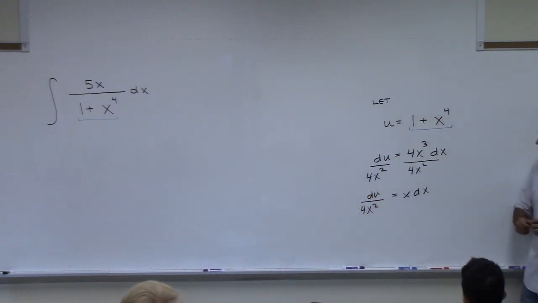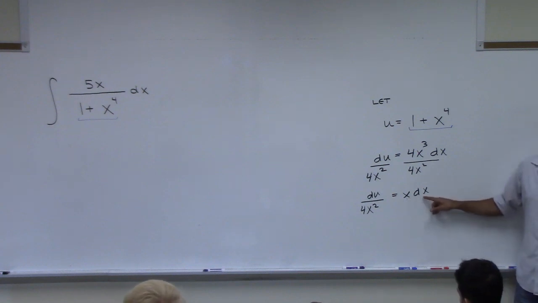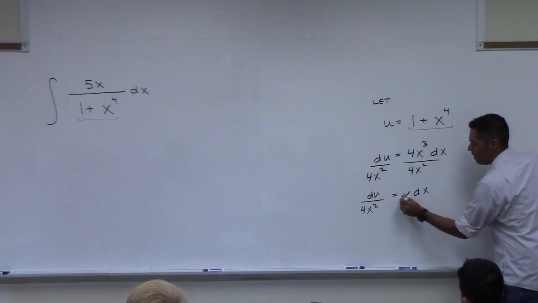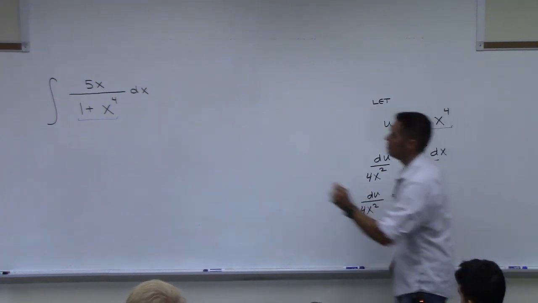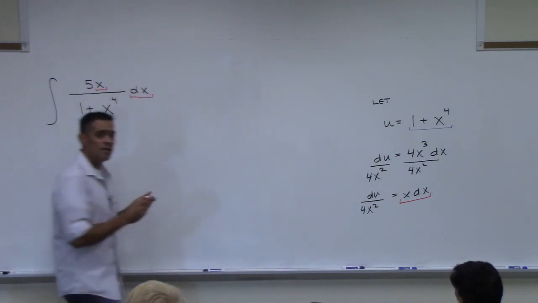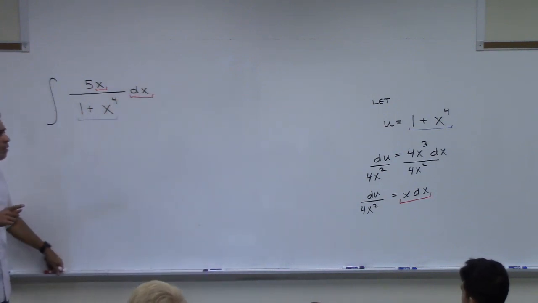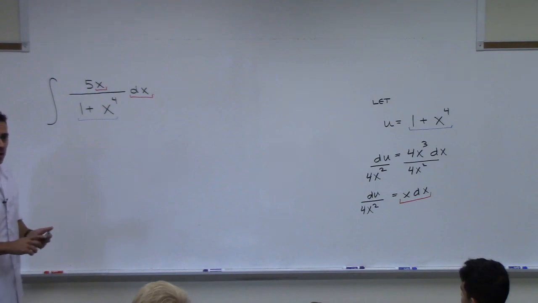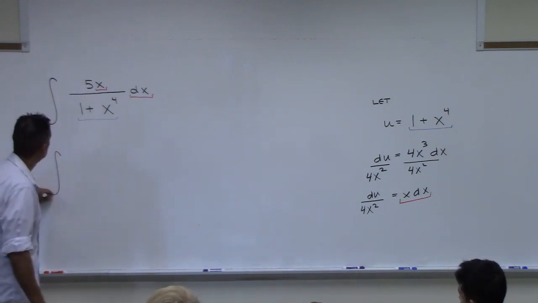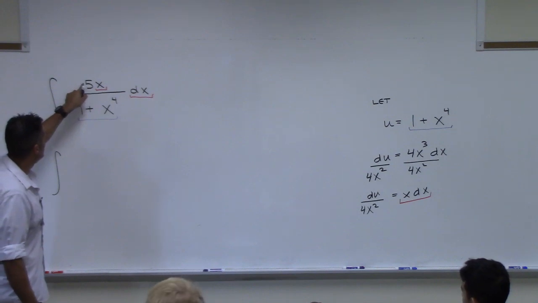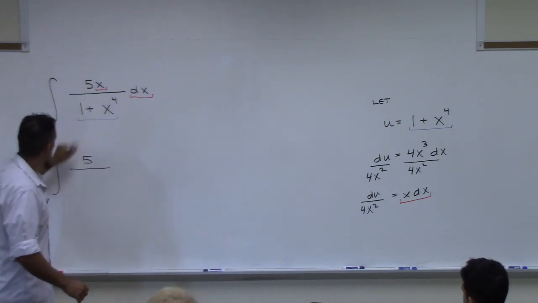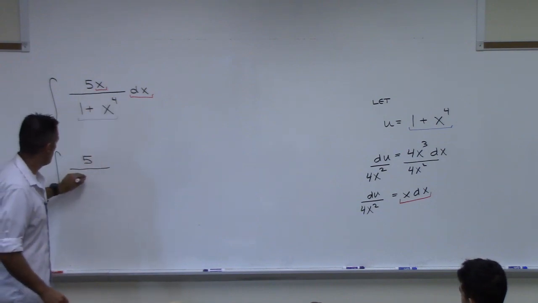Okay, so Al, what you've done is you've created the x dx. So I will be able to replace x dx with du over 4x squared, right? So let me try and rewrite this now. Integral. This 5 is still there, right? Over, this is u.